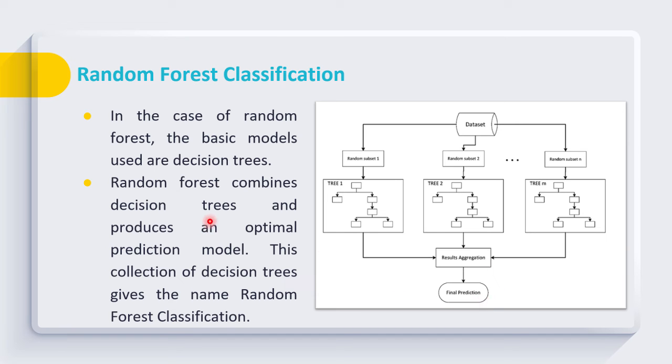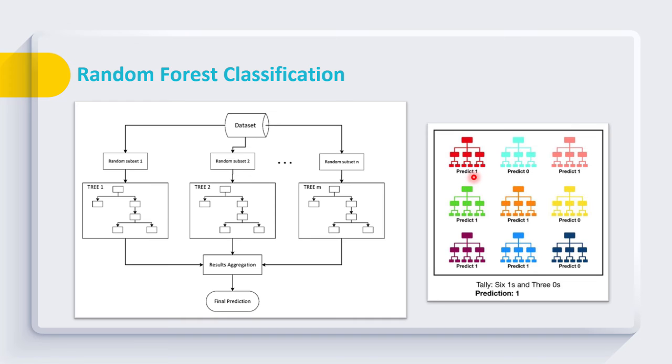So Random Forest combines decision trees and produces an optimal prediction model. Since this model makes use of a collection of decision trees, that's why it is called Random Forest. As shown here, every decision tree is making its own prediction. We have prediction 1 from 6 basic classifiers, while 3 basic classifiers are predicting class 0. Random Forest will go with the majority and the predicted class will be 1 in this case. This shows the basic working principle of Random Forest Classifier.